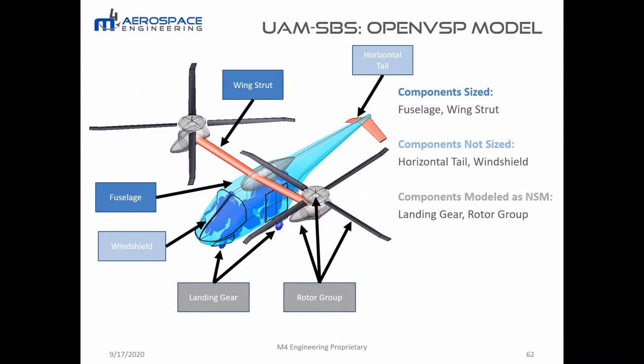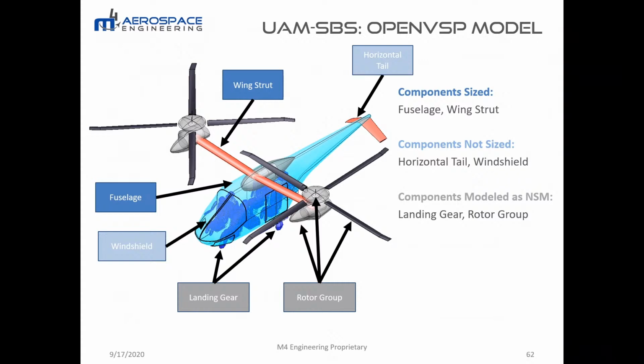So we're going to break down a little bit of what's in this OpenVSP model and which pieces of it we're going to use. In the dark blue boxes here, we see the components that we're going to create structural meshes for and that we want to size in an optimization. That is the fuselage and the wing strut.